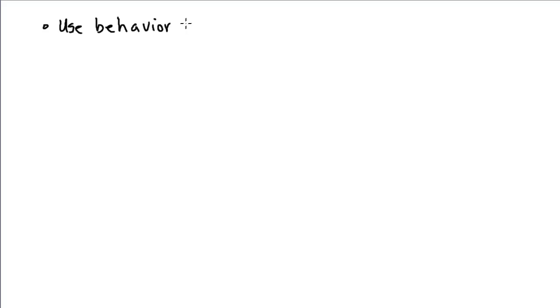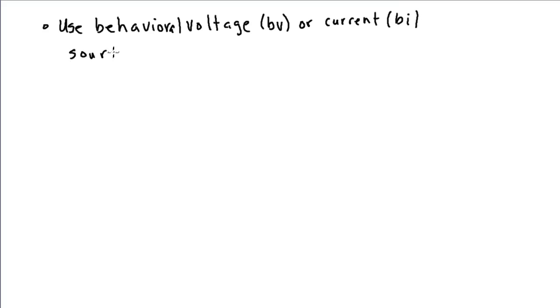You can get much more complex voltage and or current sources by using what are known as the behavioral voltage, and that corresponding component is a BV component, or current, BI source, for kind of arbitrary input voltages or currents.